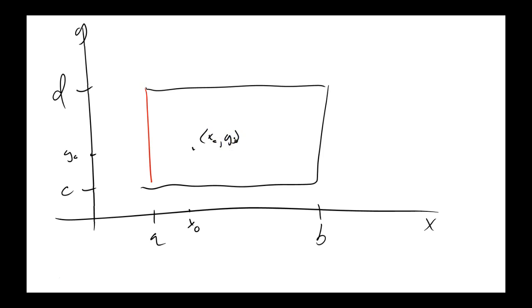So there's a point x0, y0, in its interior, not on the boundary, but in its interior. If f of x, y, and now, I said before, we're not doing partial differential equations, but we are using partial derivatives.